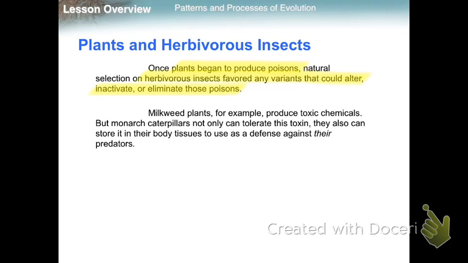They alter, inactivate, or eliminate those, or use it to their advantage. In terms of monarch caterpillars, monarch caterpillars feed upon milkweed plants. The caterpillars tolerate the toxin, but they also store it in their body tissues to use as a defense against their predators. So they use it to their advantage.